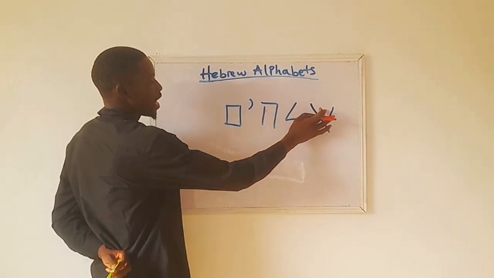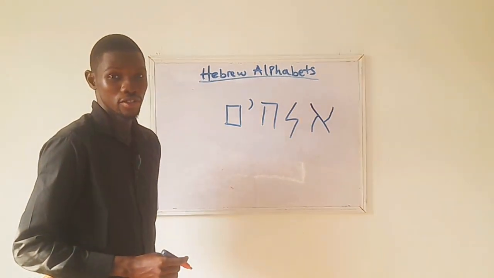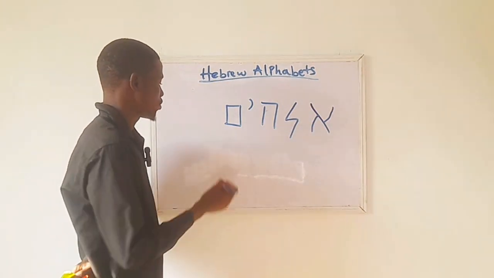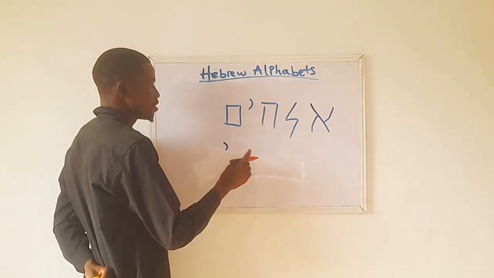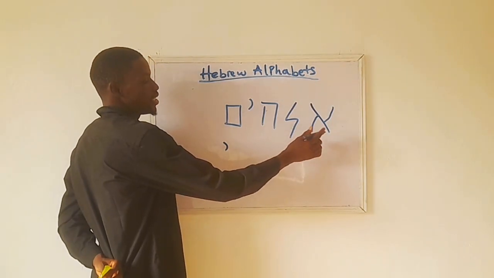Now this is Aleph that we just finished talking about. It's silent, we don't know the pronunciation, so we are only going to put it like this. And then we now write the vowel. There's a vowel letter E here.